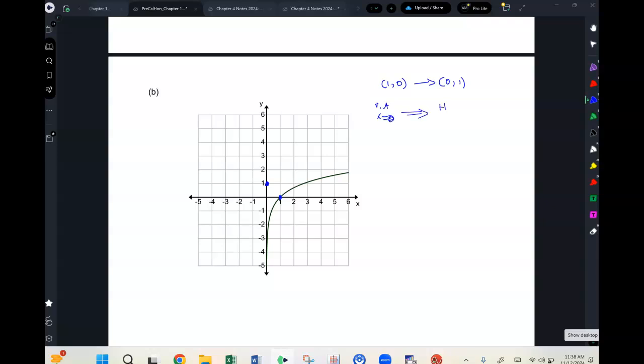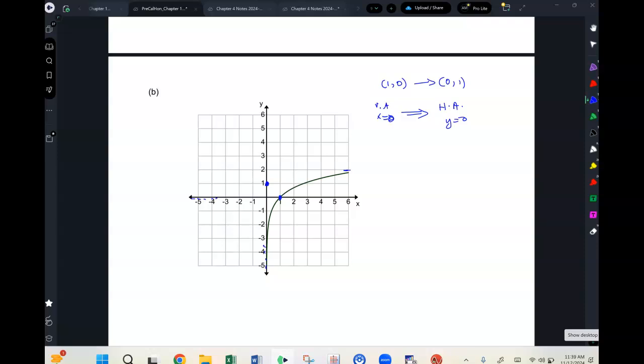This will become a horizontal asymptote of y equals 0. And it looks like this is in the negative, so that will be in the negatives. It looks like this is leveling off at about 2 for the y's, 6 for the x's. So it'll be 2 for the x's, 6 for the y's.